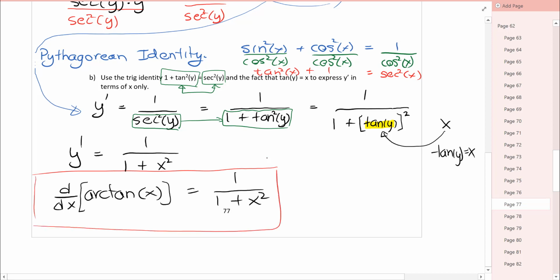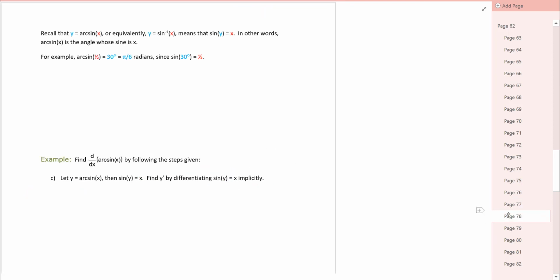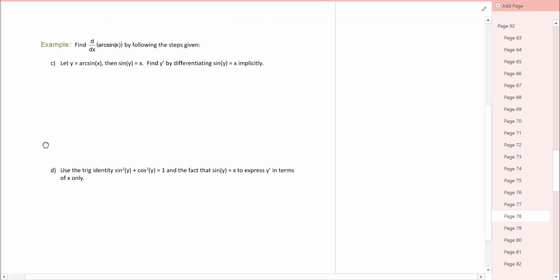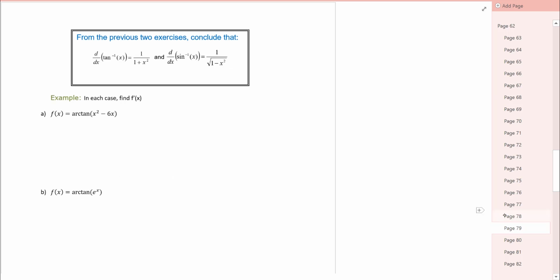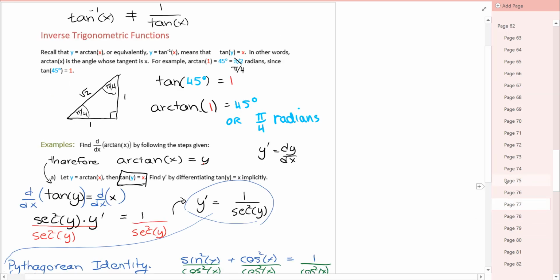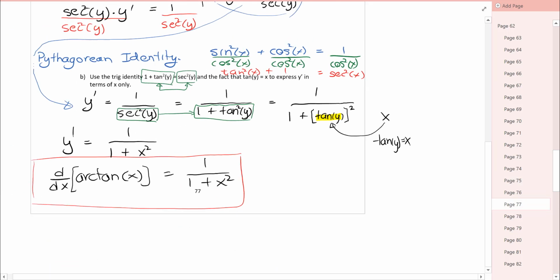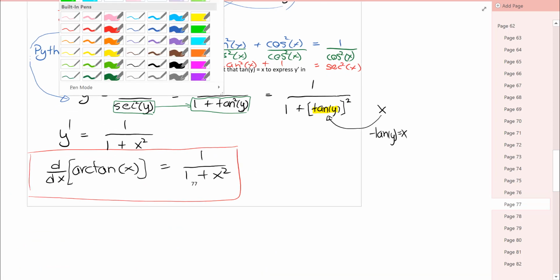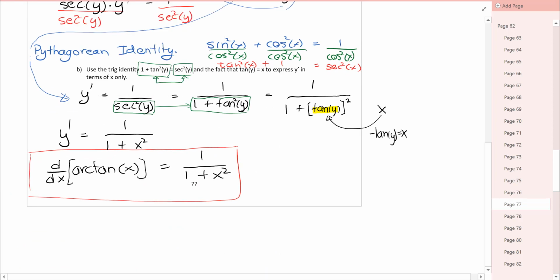Actually, I probably should have gone back and done that logarithm. Remember we skipped over it? And on the next page, I believe we're going to do the same thing with arc sine. But we're going to return to this next class, because I forgot we have to go back and do logarithm.